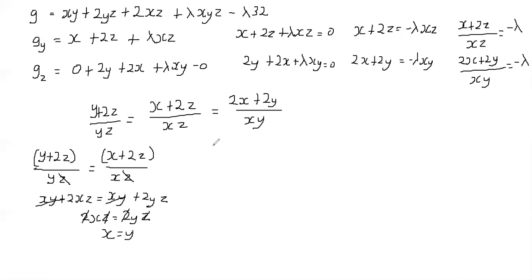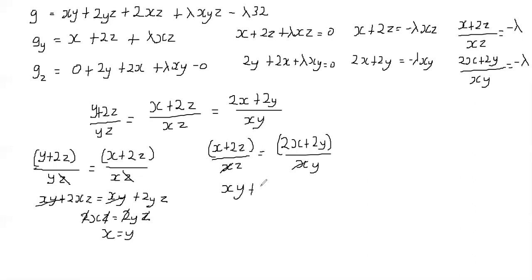Now we have to take another two equations, that is x plus 2z divided by xz, that is equal to 2x plus 2y by xy. So we can cancel out the x on both sides, and cross multiply this. So xy plus 2yz will be equal to 2xz plus 2xy.